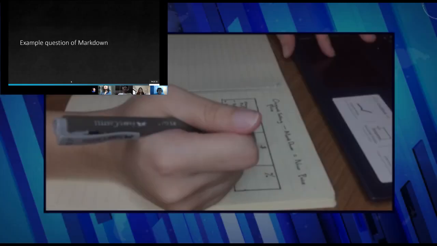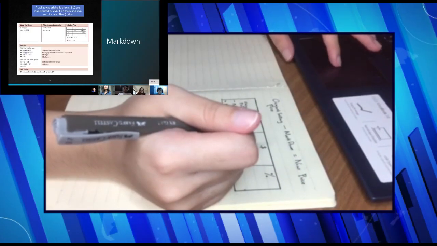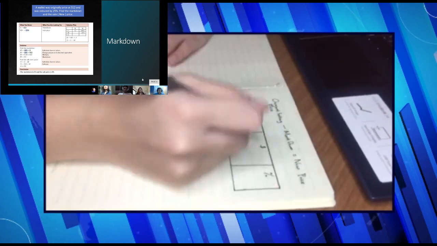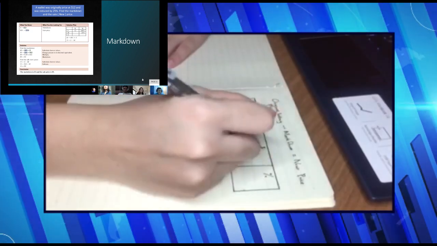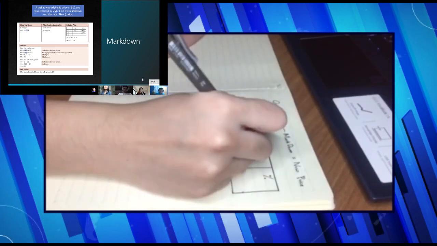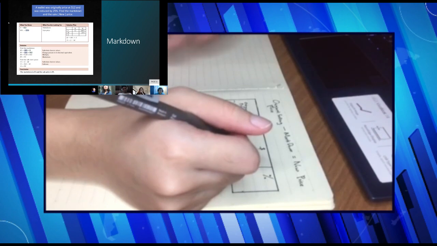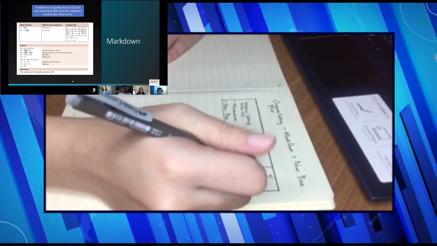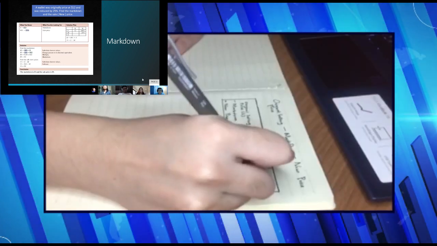A wallet was originally priced at $12. So its cost is $12. The original selling price is $12. And the rate, the percent of original selling price, is 100%.